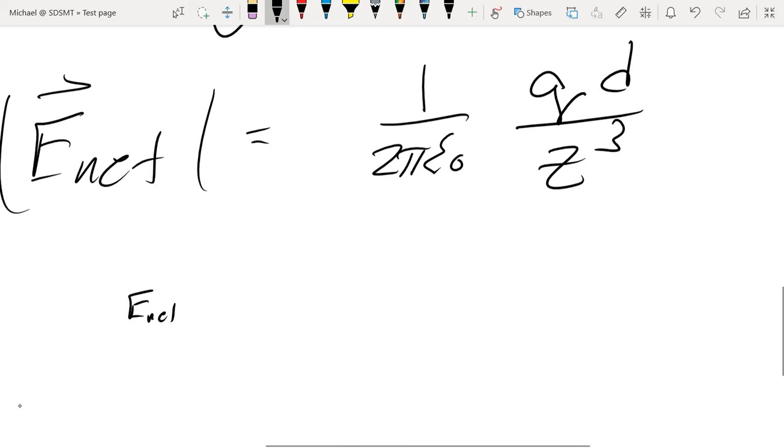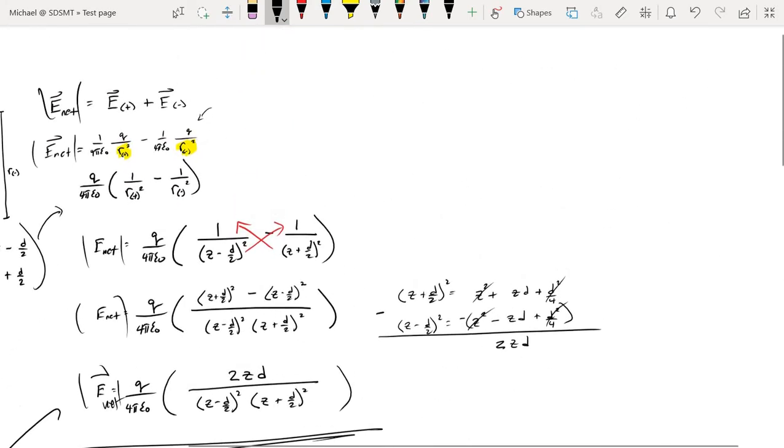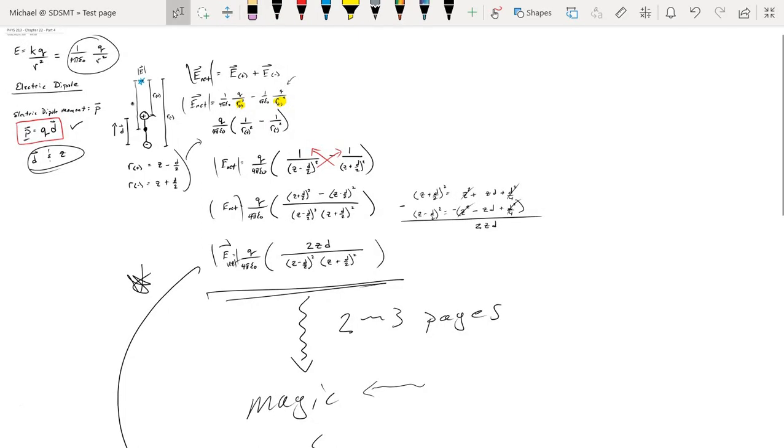So now the net electric field, or as we can just call it now, the electric field that is being produced by the dipole directly above the dipole itself. This has to be directly above the central axis of the dipole.